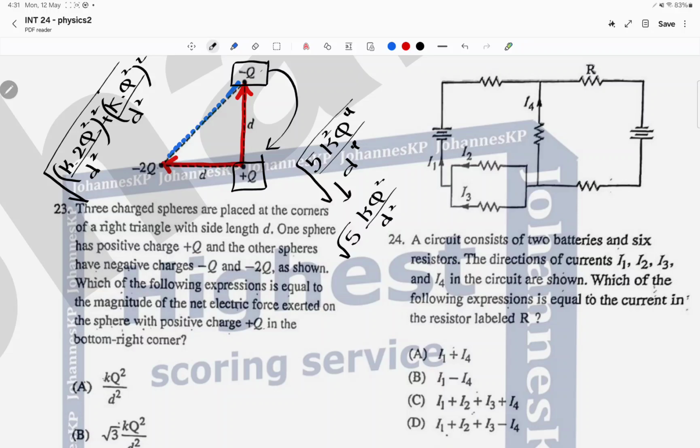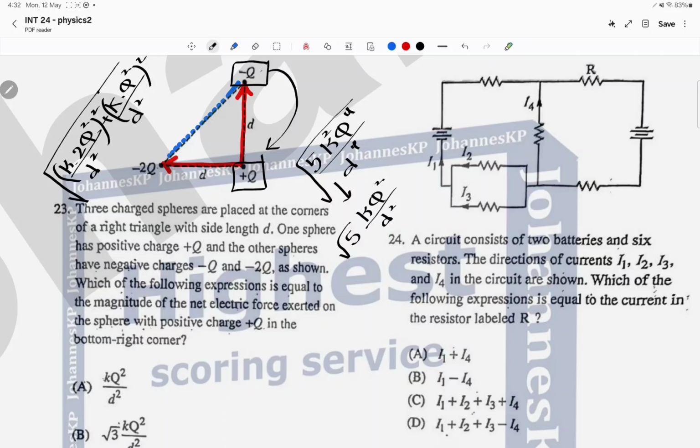24. Current in the resistor labeled R. So look, which one here is bigger, I2 or I1? I1. And which one is bigger, I1 or I3? I1.